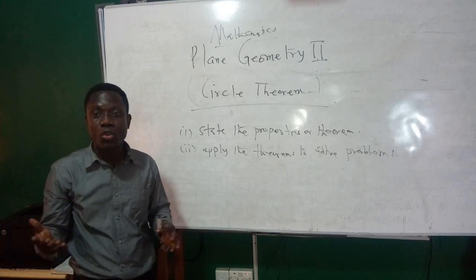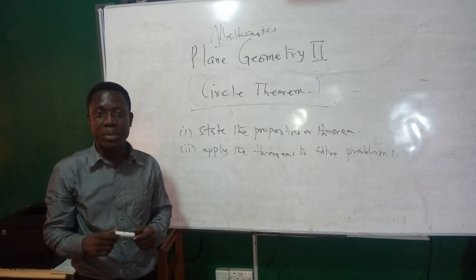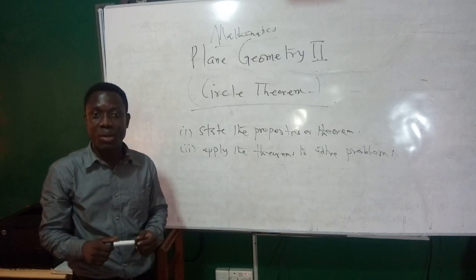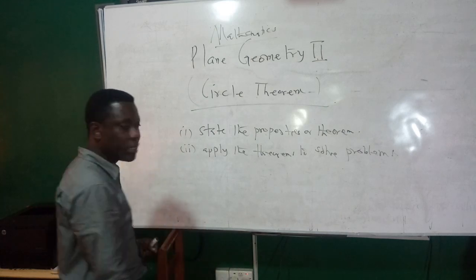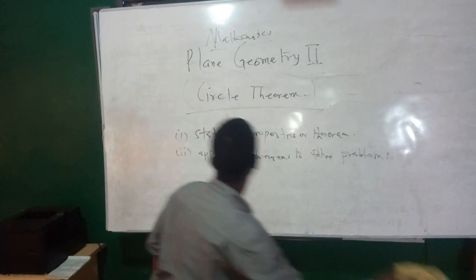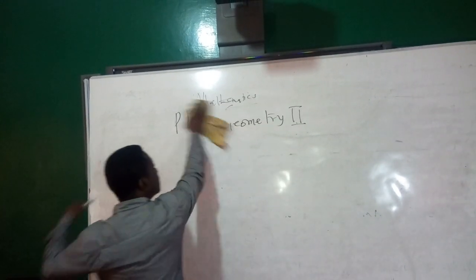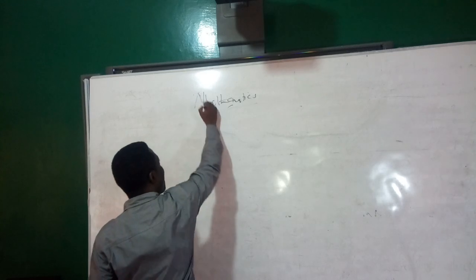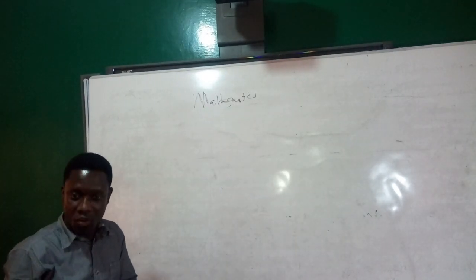Basically, be able to draw your circle and name the parts. That is a very important aspect of this topic. So I will pick it up from there, and then we'll look at the properties right away. So let me clean what I have on the board, and then we'll look at that.